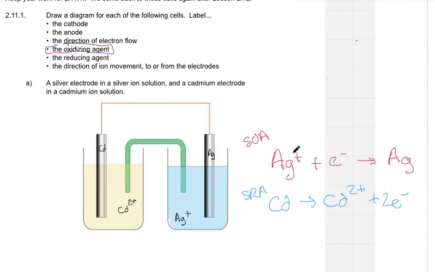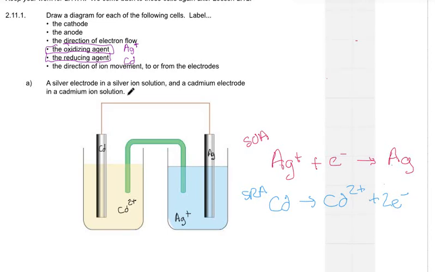We found that it's silver ions. Don't just say silver, please. You have to be specific about this. It's not silver metal, it's the silver ions with the +1 charge. What is the reducing agent? Cadmium metal. Don't just say cadmium, say cadmium metal or elemental cadmium or something like that, so we know you don't mean the ion. That takes care of that one.